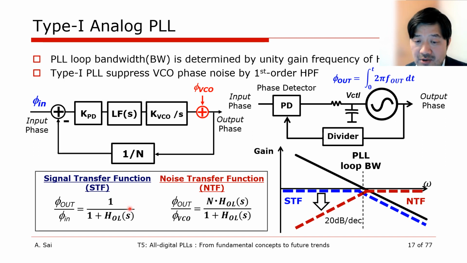And noise transfer function NTF is a transfer function from the VCO phase change, including noise, to the output phase, and is expressed like this. These have the low pass filter and high pass filter characteristics respectively, with the PLL loop bandwidth as their cutoff frequency. That is, type 1 PLL can suppress VCO phase noise by a first-order high-pass filter.